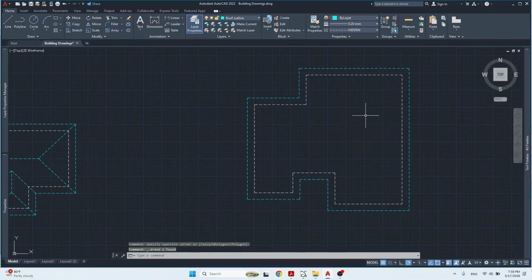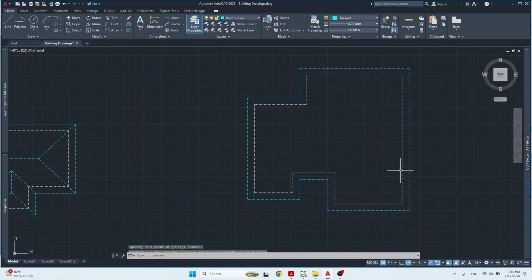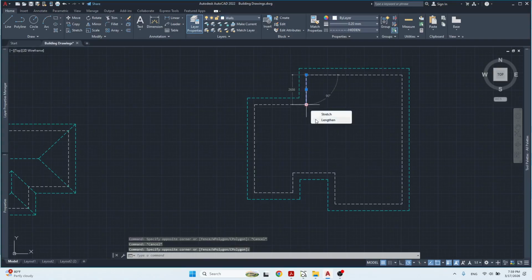So I have the outline, the overhang, and now I'm going to run my hip rafters in like this. But remember what we said, I'm going to treat this part as its own roof. So if I'm going to do that, then I need to extend this down like so.